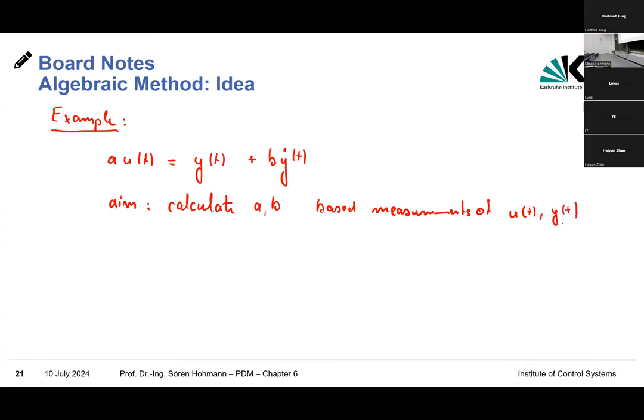So you have a value stream u(t) and y(t), and you want to calculate A and B.